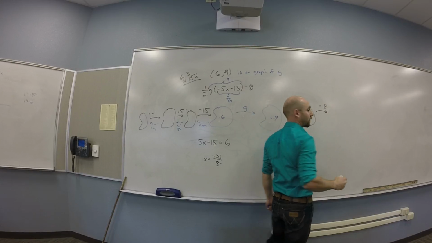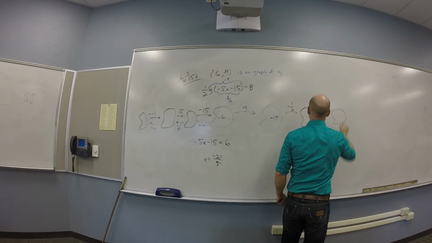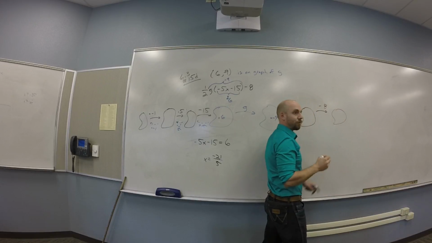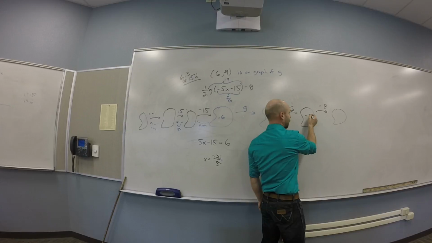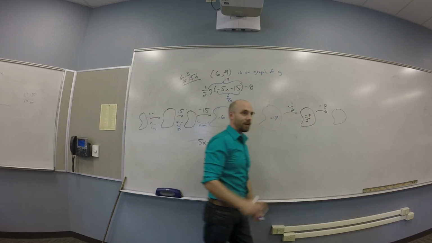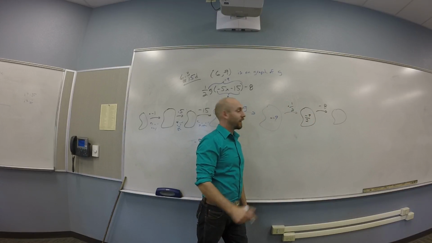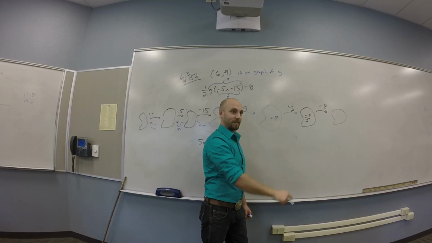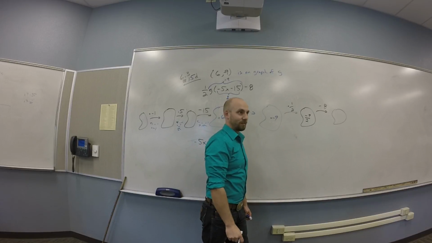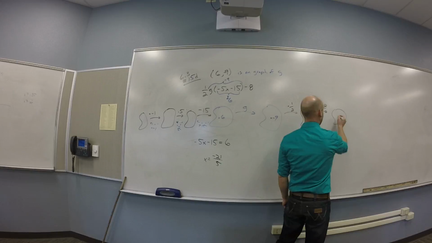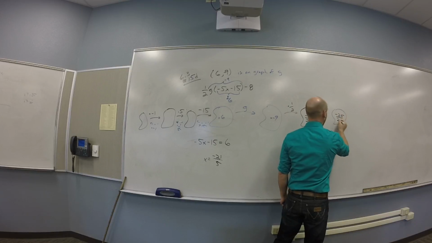And subtract 8. So when you multiply negative 9 by a half, you get negative 9 halves. And then subtract 8, which would give you like negative 25 halves or something.